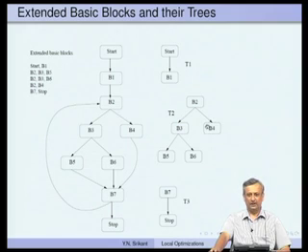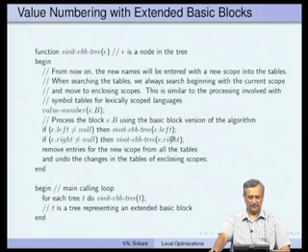So, this is how scoped hash tables are used to do value numbering on these extended basic blocks. As you can see, because we reuse entries from B2 and B3 in B5 and B6, there is a lot more scope for discovering common expressions, finding constants, doing constant propagation and so on.